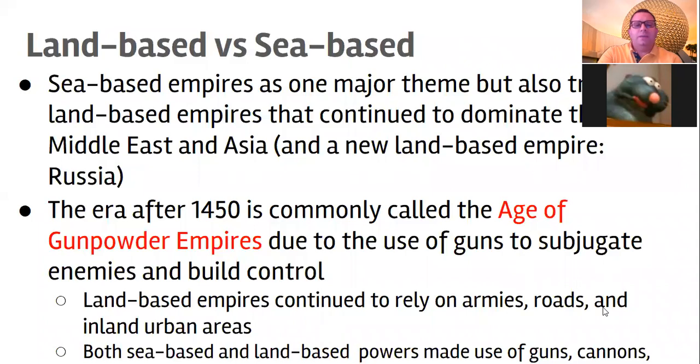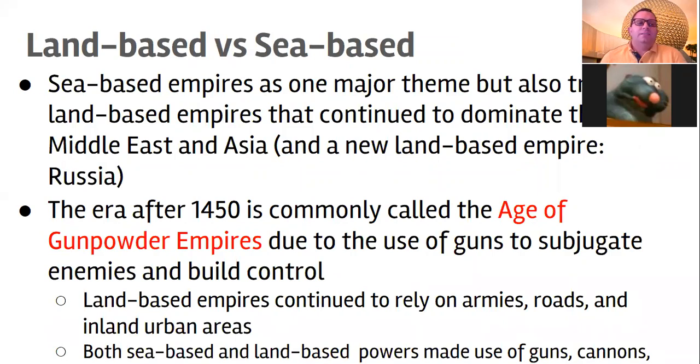And when we get beyond the year 1450, we commonly refer to these land-based empires as the gunpowder empires, because the way that they brought other territories under their control is by using gunpowder to their advantage.